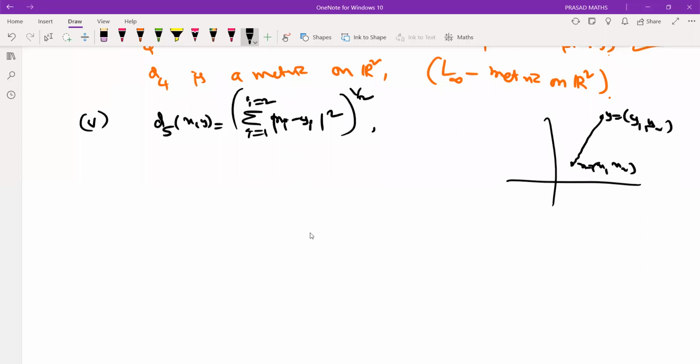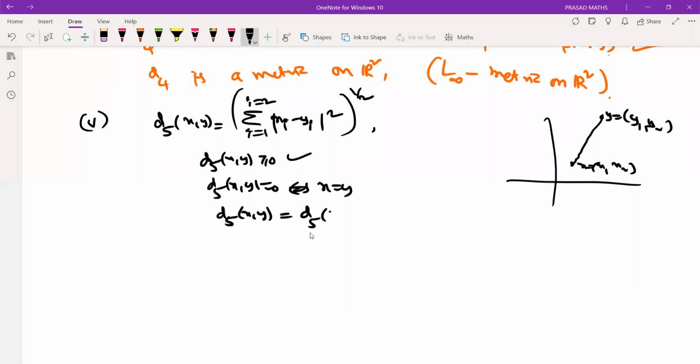It is always symmetric, right? Distance is always non-negative. You can check these properties. Modulus is there. The distance is 0 if and only if the points are the same. And distance satisfies the symmetric property because modulus is there. So what about the triangle inequality? See, this is by the Minkowski inequality. When you go through functional analysis, you know it.